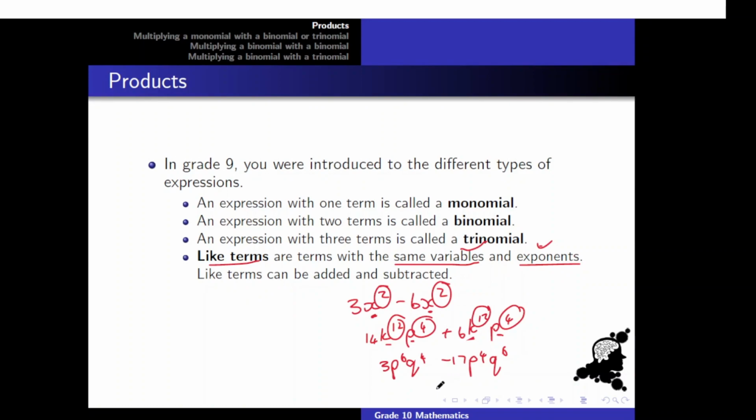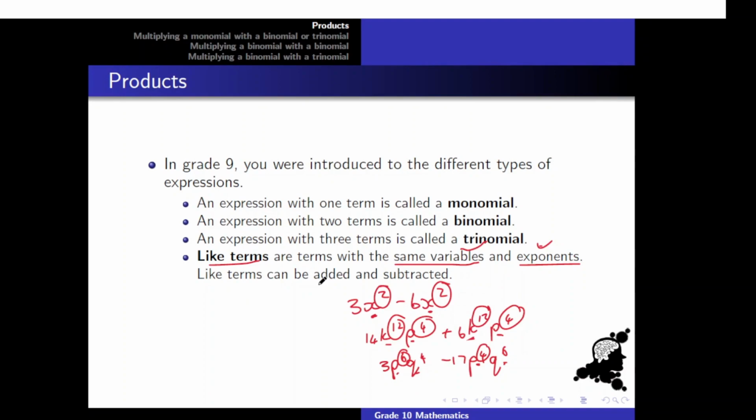These are not like terms, because in as much as we've got the same variables, there's p here, there's p here, there's q here, there's q there, the exponents of those variables are not the same. p in the first term has an exponent of 6, p in the second term has an exponent of 4. Already, because the p's do not have the same exponent, these are not like terms.